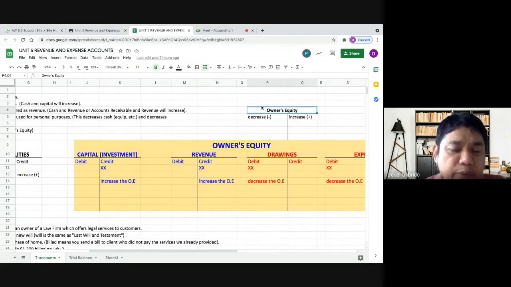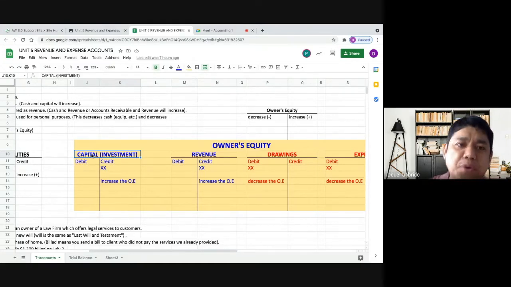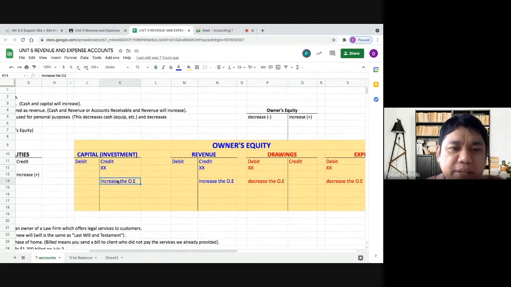We will not put OE, but we will put capital. If the person's name is Alvin, you will put Alvin's capital. If the name of the person is Rose, that is Rose's capital. And you put it here. Increase the OE when there is an investment. You put the number here on the credit.